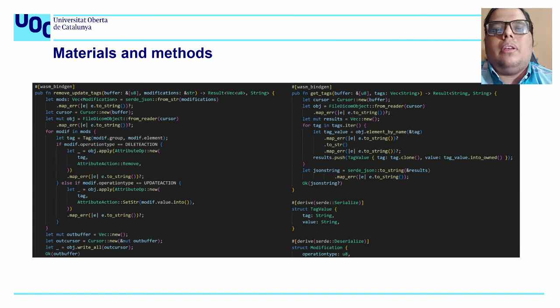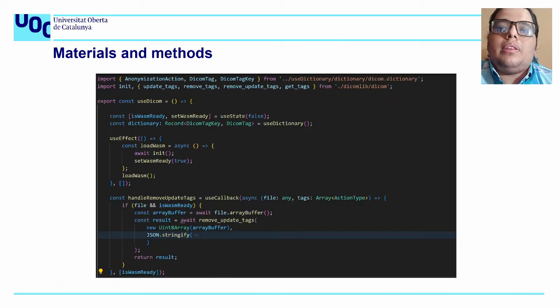We can provide a buffer that is a representation of the DICOM image and a vector of the tags that we need to access. And we have the remove or update tags, where we provide the buffer and the indication of which tag we want to modify or delete.